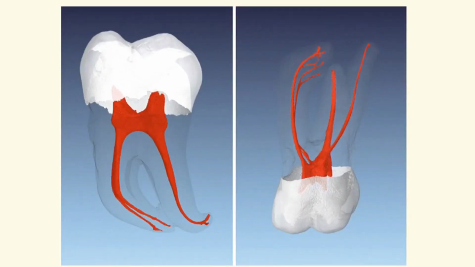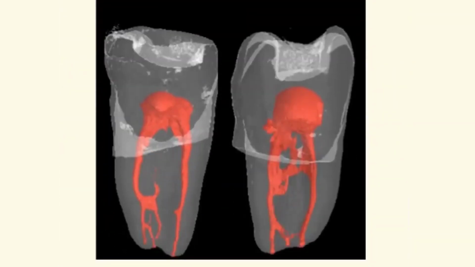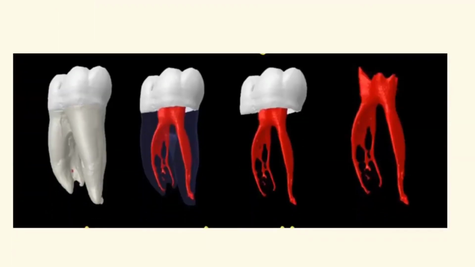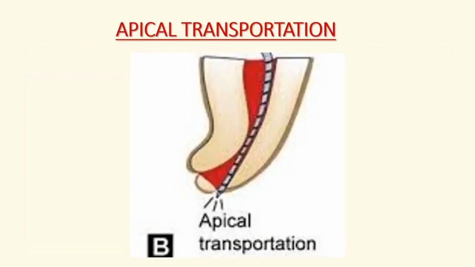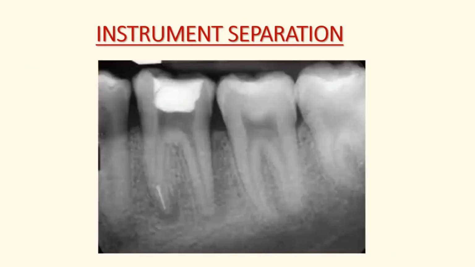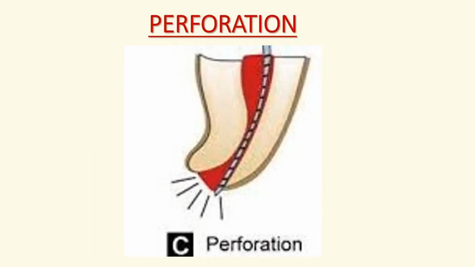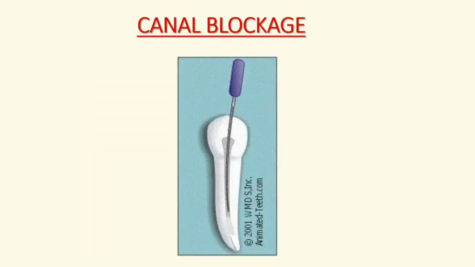Multiplanar curvatures, bifurcations, lateral canals, apical ramifications, isthmuses, etc. Further adding to this complexity, subsequent iatrogenic mishaps such as ledges, apical transportation, instrument separation, perforations, or canal blockage may further complicate the procedure.